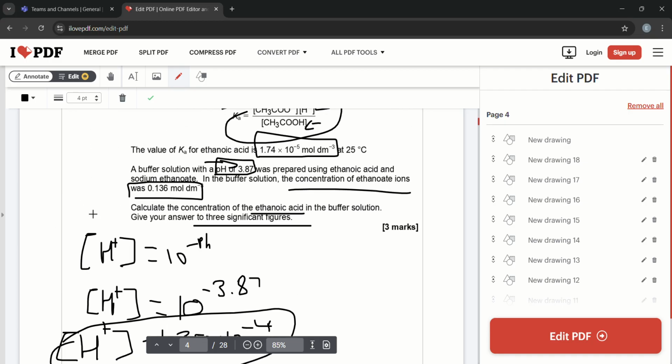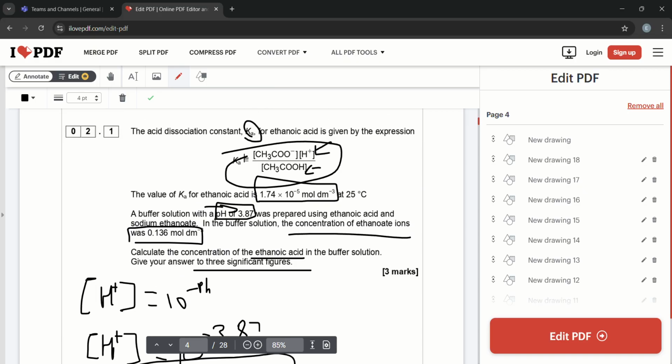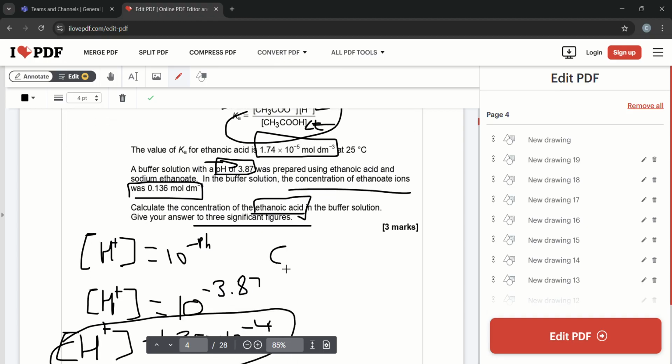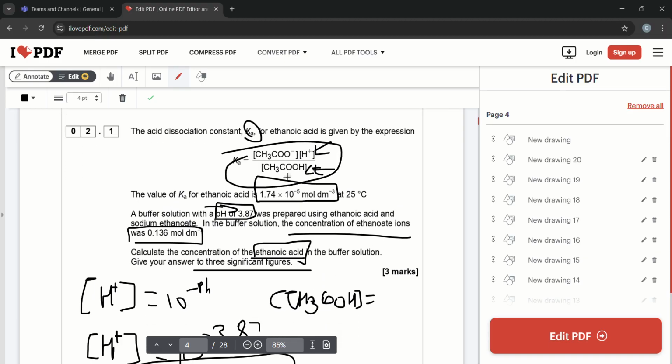Now we can quite easily finish off the question because we know Ka is equal to this. We're trying to find the concentration of ethanoic acid, which is this bottom thing. So we just rearrange the equation. You get CH3COOH is equal to CH3COO minus times H plus, divided by Ka.